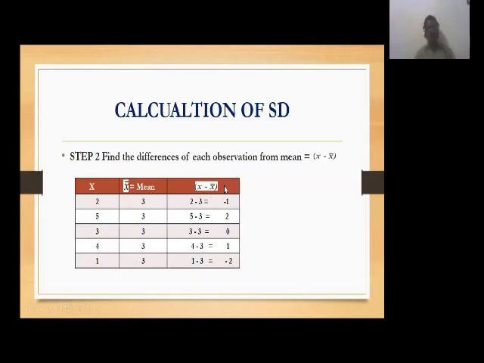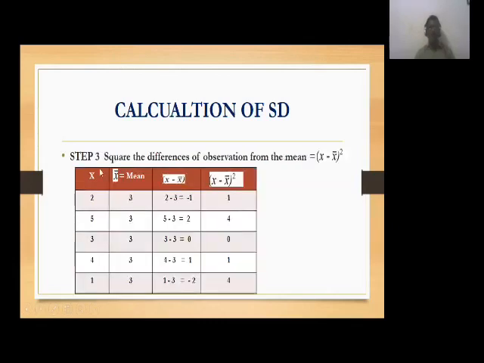Now we found x minus x bar. Then go for the third step: square of the difference of observation from the mean, that means x minus x bar whole square. Minus 1 square is 1, 2 square is 4, 0 square is 0, 1 square is 1, minus 2 square is 4. Now we found x minus x bar whole square.